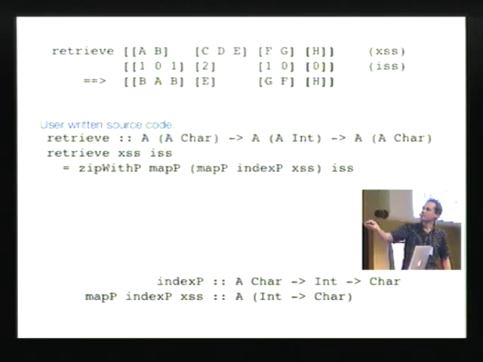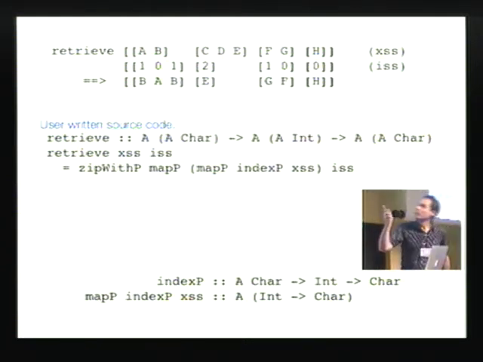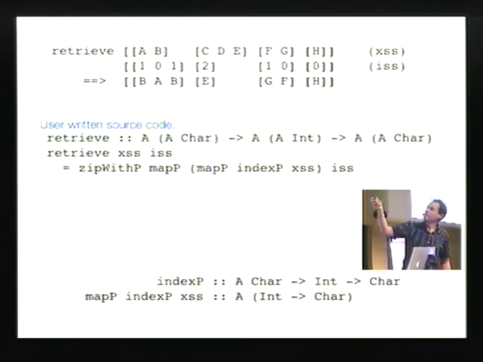So the second function in this array handles this column. So when you partially apply it to XSS, it captures CDE in its closure. And then when you apply the last argument 2, you get E, and so on. So we're talking about partial application and the fact that arrays are being captured in the closure of a partially applied function.